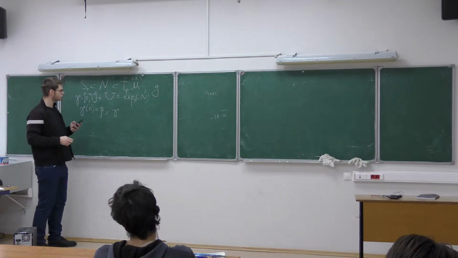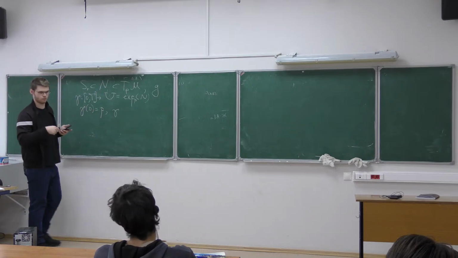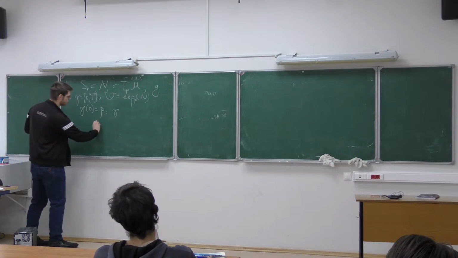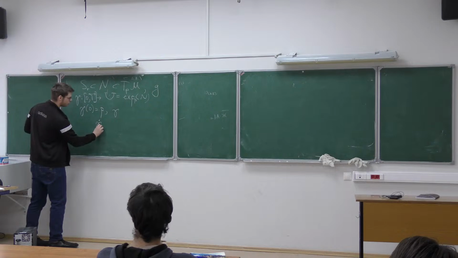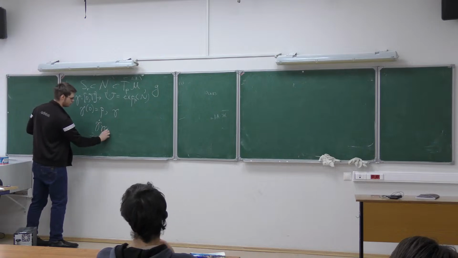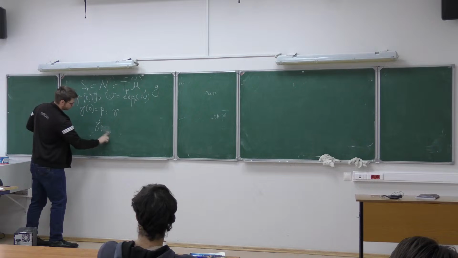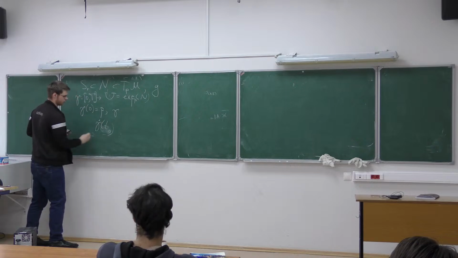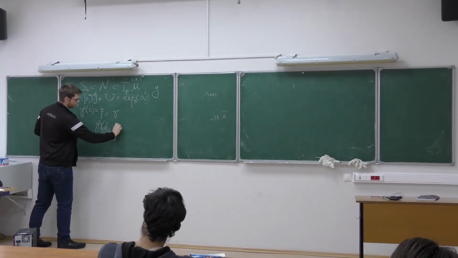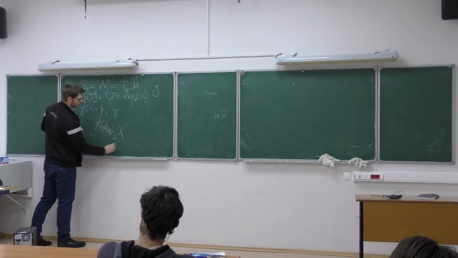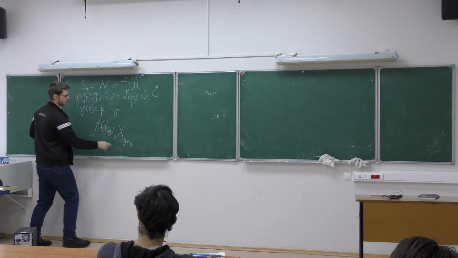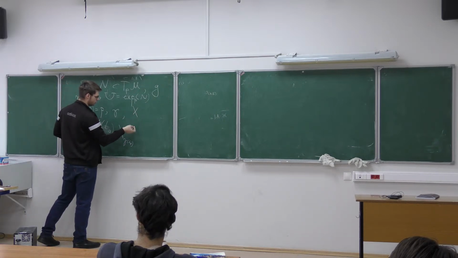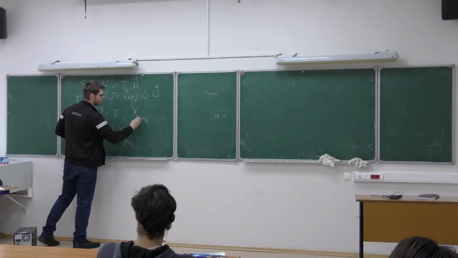I think it's enough to show that gamma dot at some point, we can write it just like this, with any vector at this point, is tangent to the geodesic sphere.